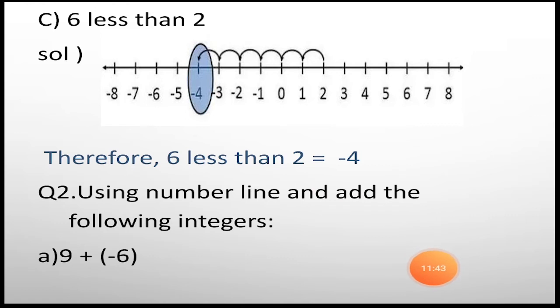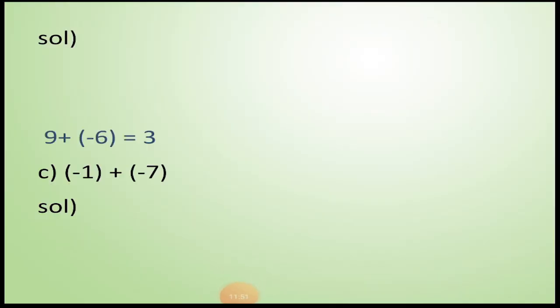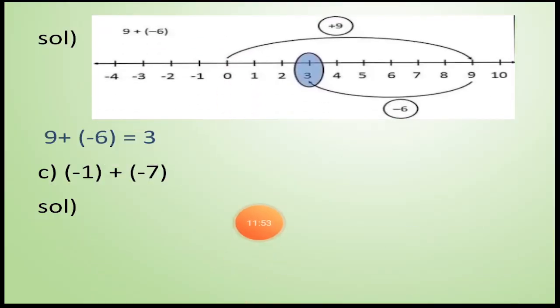Again, using the number line, add the following integers. So 9 has to be added with minus 6. So children, as per the rule, here we are looking to add one positive integer with one negative integer. Okay, so as you know, what we'll do, first of all, we will subtract them. So 9 subtracted with 6 will give us 3, and here you can see usually this bigger integer 9 is carrying a positive sign with it.